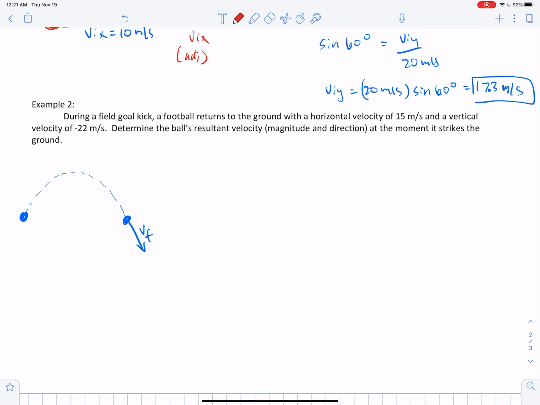It has a horizontal component, V final X, and a vertical component, V final Y. We're told that the final component is 15 meters per second in the horizontal, and negative 22 meters per second in the vertical.